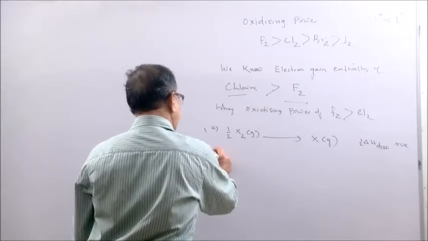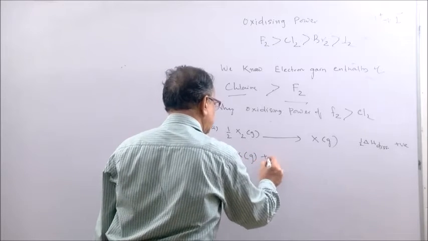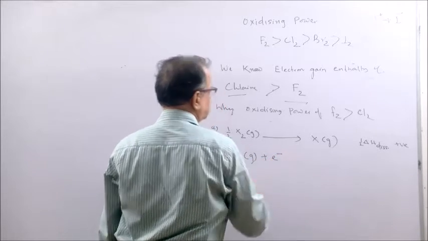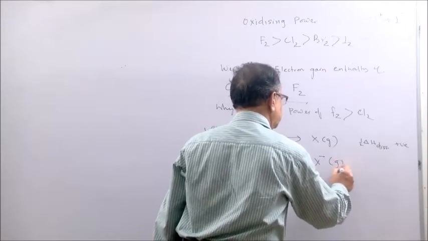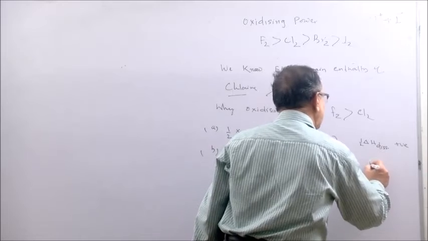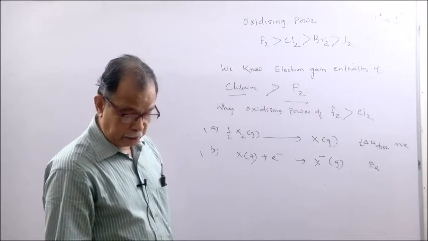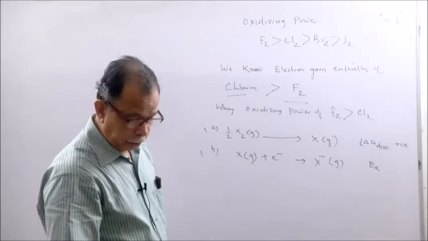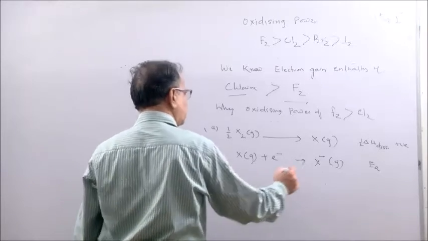Then the second point: X gas plus an electron forms X minus gas. Here is the electron affinity, Ea, the electron gain enthalpy. It is always negative.